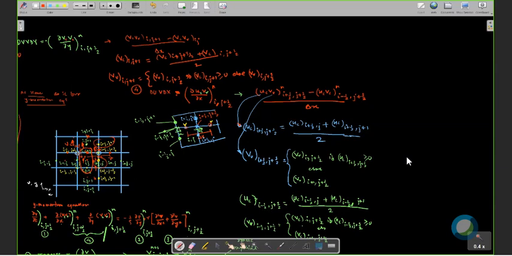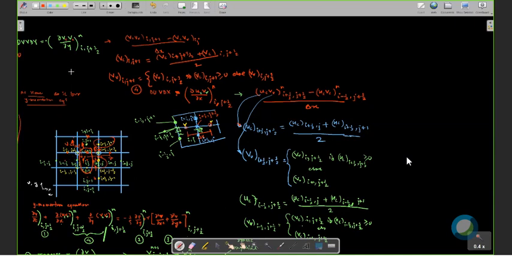When it is greater than or equal to 0, you took the term which is to the right of i minus half. But in all the other places, when UC is greater than or equal to 0, we take the term which is to the left of it. So you see at i minus half, j plus half, we have to take i minus half.